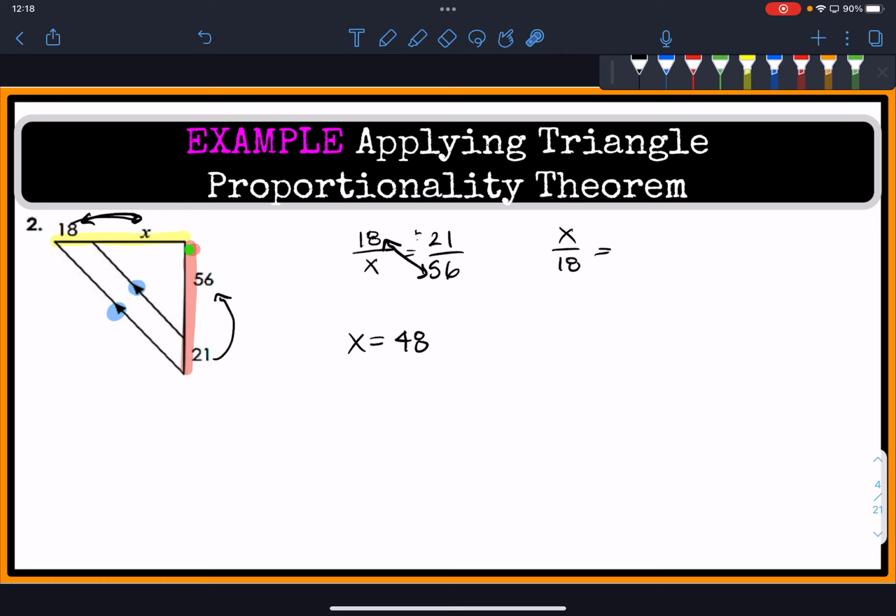Get the longer segment of 56 and divide it by the shorter segment of 21 on the opposite side. I have to keep that proportionality again. And that's going to give me the same thing. As you see, I still multiply by the 18 and the 56, and I'm going to divide by the 21. I still end up with the same answer of 48.